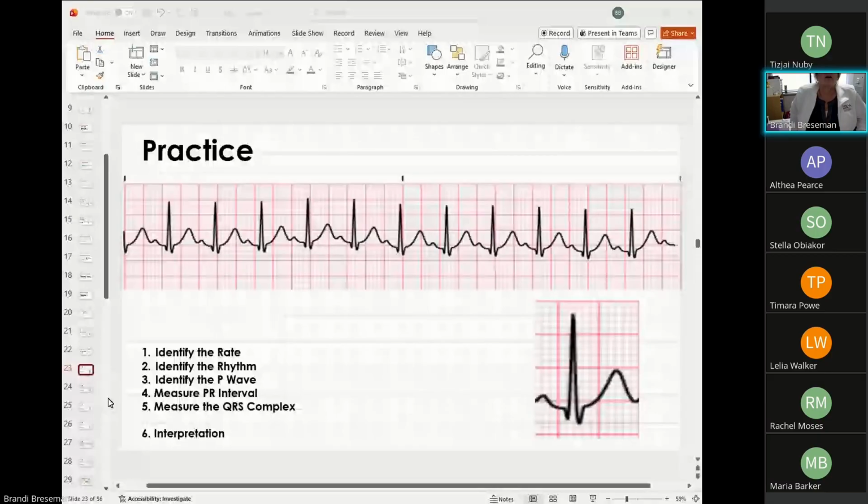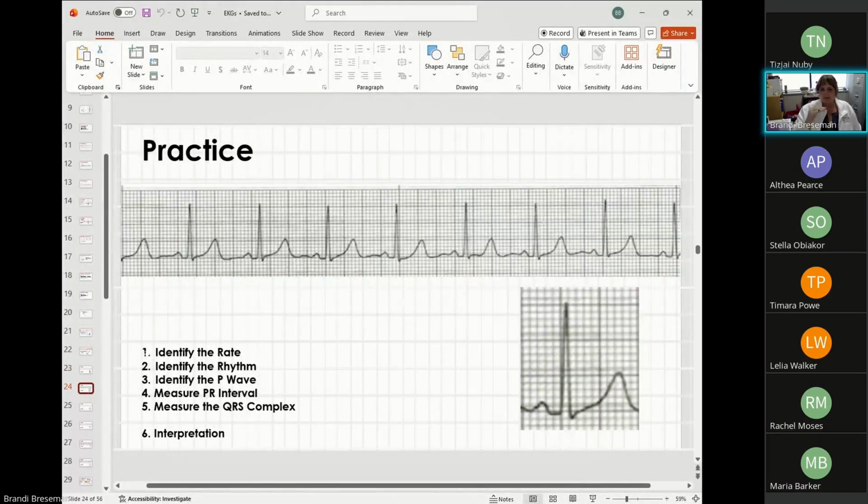I'm going to let you guys work through this individually, and then I want you to put in the chat what rhythm you think you have. If you need me to mark or help count blocks for you, let me know.